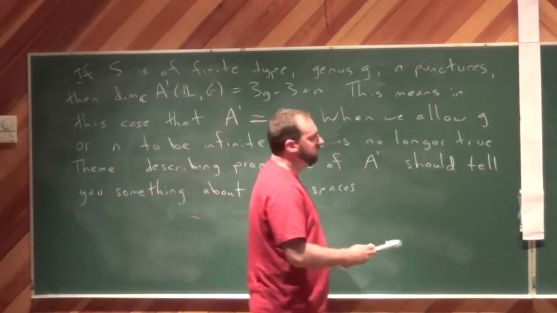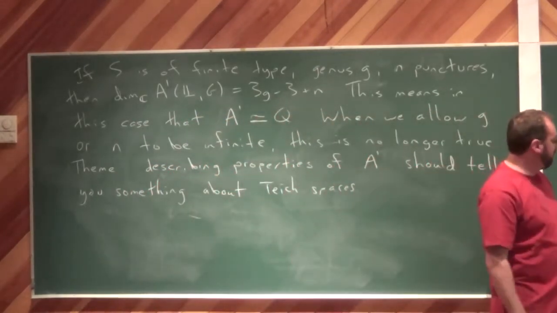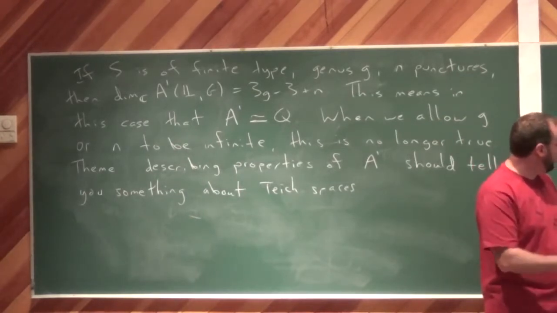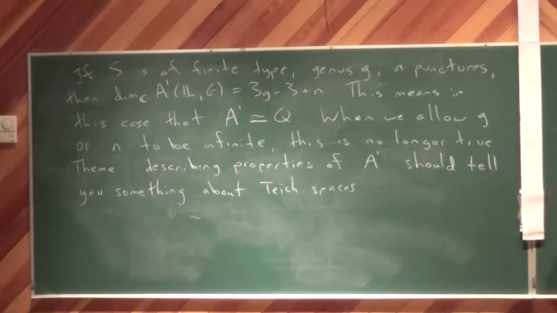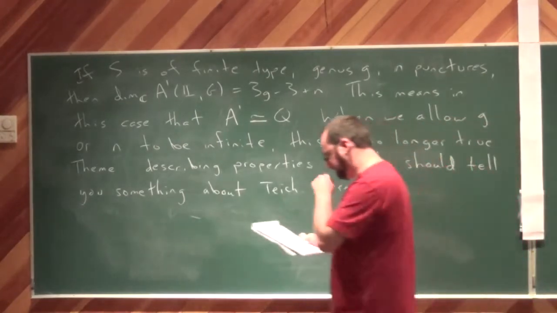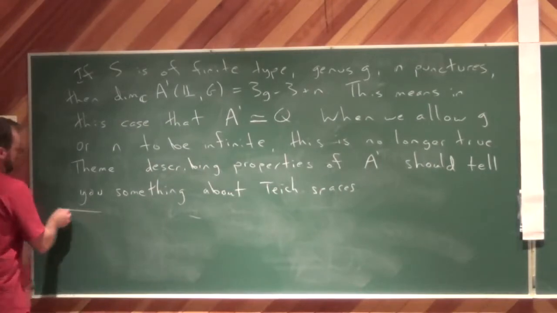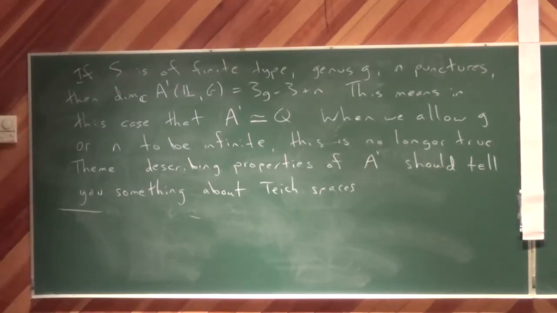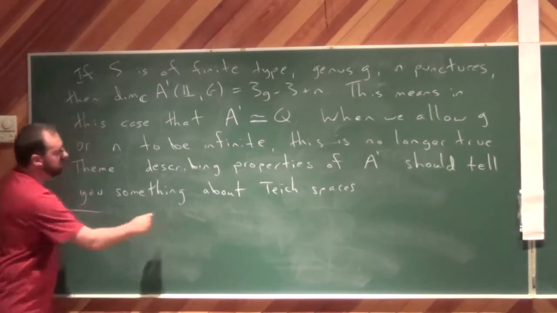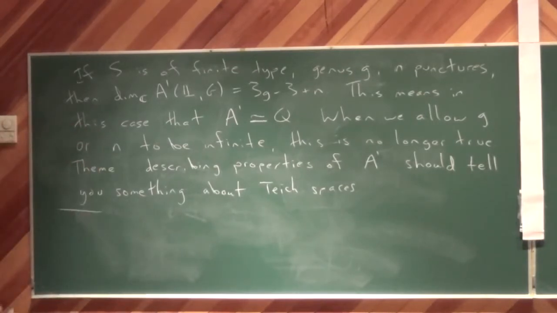So if you know some properties of how two Bergman spaces behave if they're related, that might tell you something about the space Q, which might then tell you something about the Teichmüller spaces. That, as I say, will be left for tomorrow. Probably.